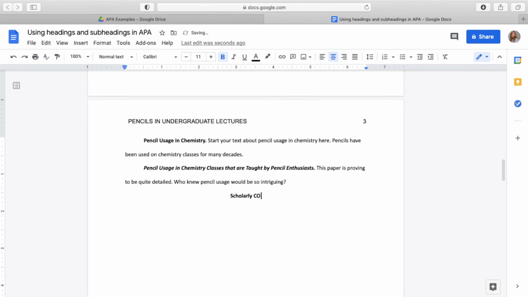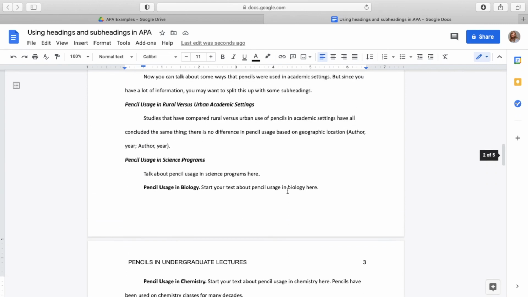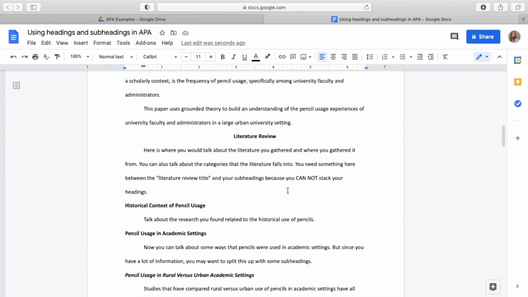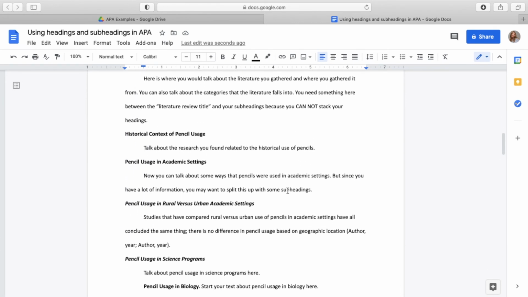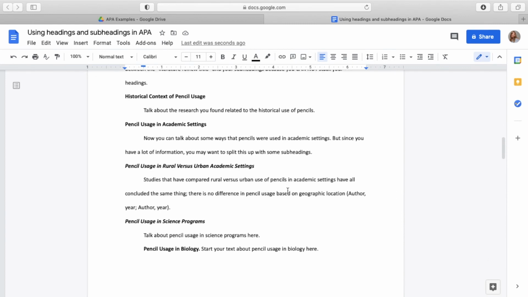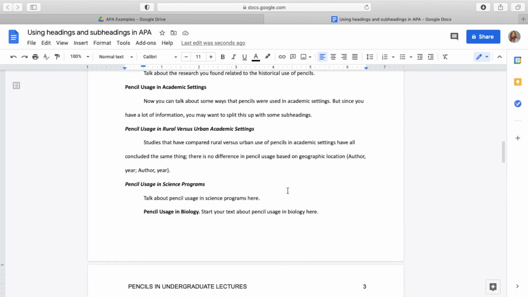And then when you're done that section and you need to go back to a brand new section, then you would go back to heading level 1, which is centered bold. You can see what it looks like all together here.